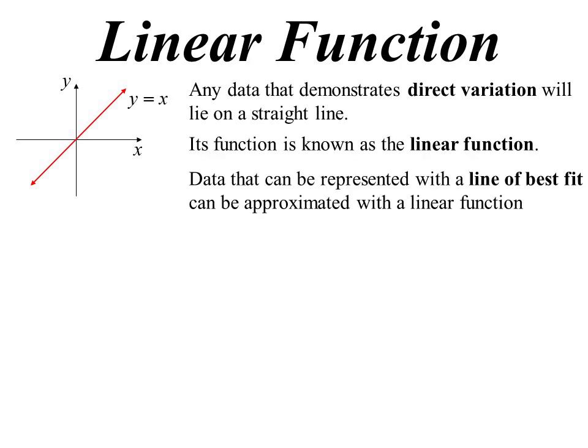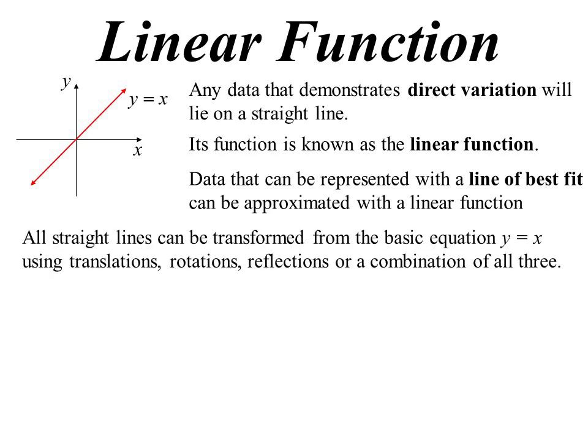When we are talking about experiments, we often use a line of best fit. Of course, in a practical experiment, you'd be very, very lucky if all your data exactly falls on a straight line, because you get variations in experiments. But that's why we have lines of best fit. We try and work out the best line that would be closest to getting all of those points. But y equals x is the most basic one.